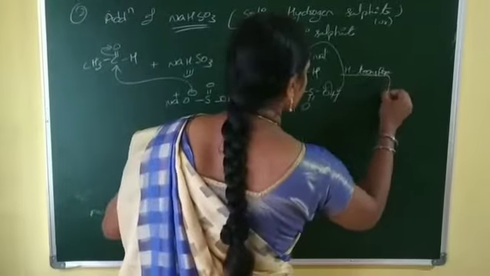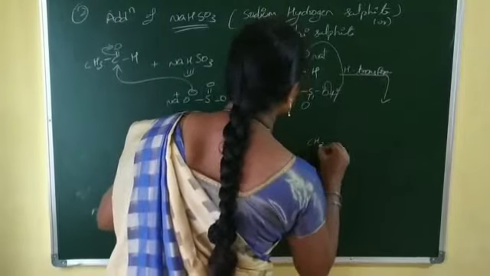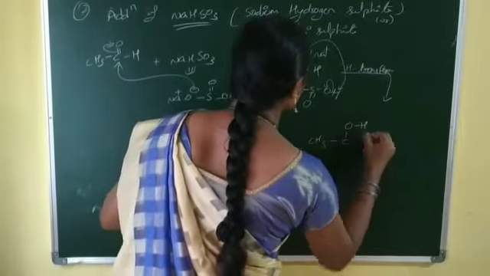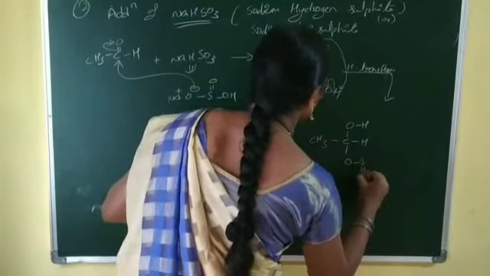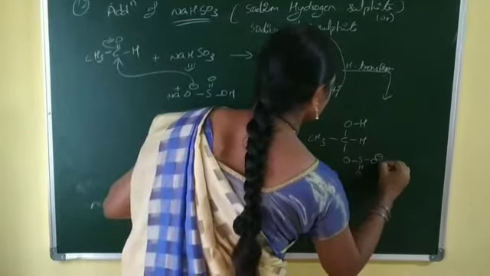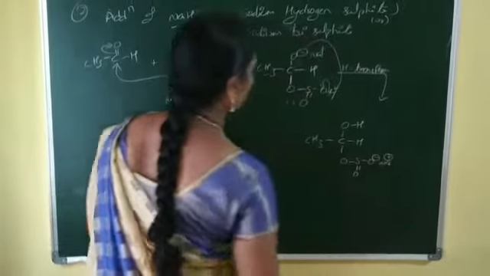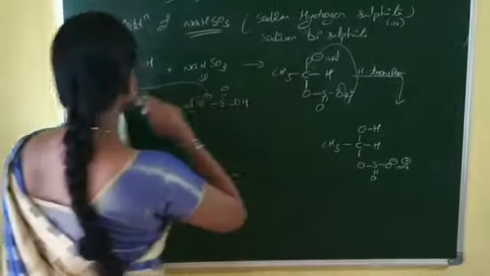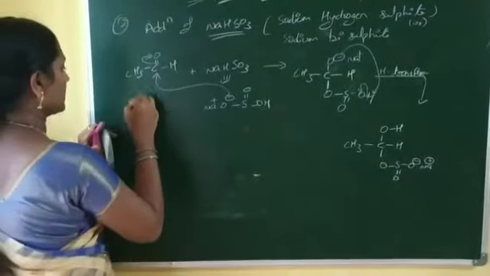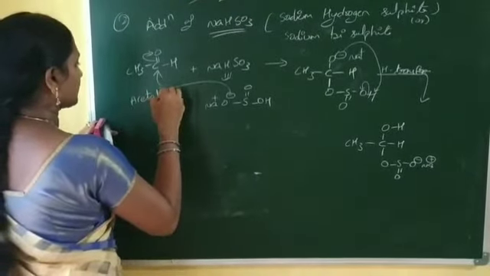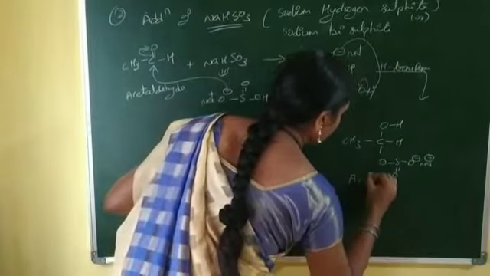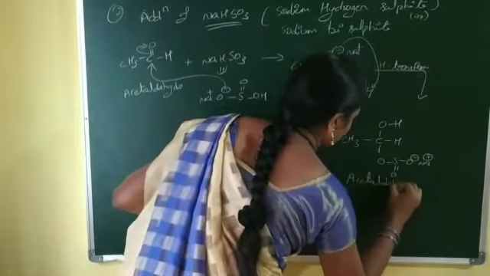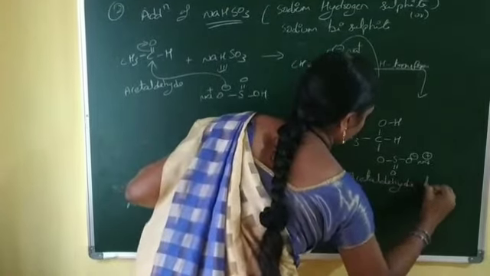The product is CH3, C, OH, and H, and S double bond O, O minus, Na plus. Now the product name depends on the reactant. Your reactant is acetaldehyde, so the product is acetaldehyde bisulfite.